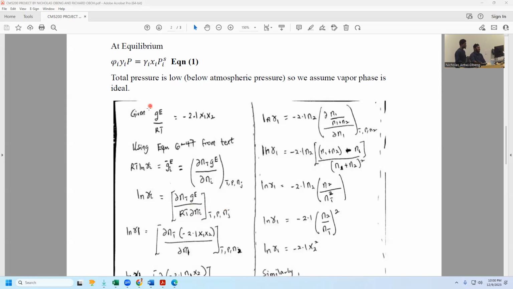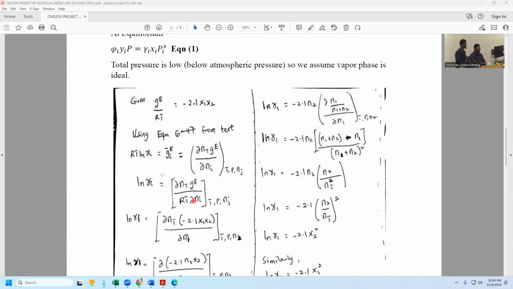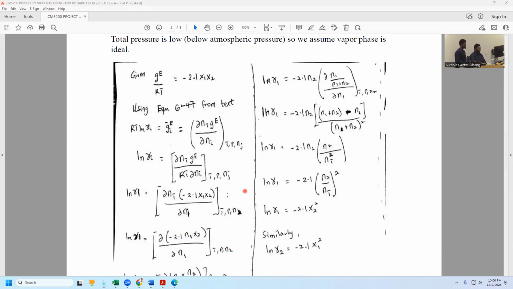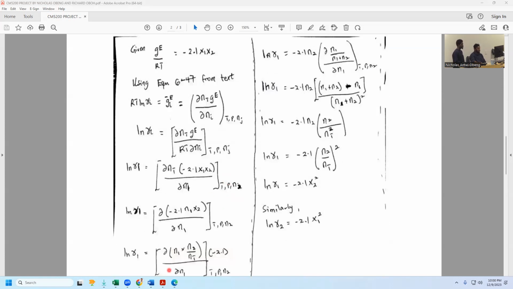Substituting our excess Gibbs energy, which is equal to negative 2.1 x1 x2, into this next equation and performing a rigorous differentiation, we arrive at ln gamma 1 equal to negative 2.1 times x2 squared, and ln gamma 2 equal to negative 2.1 x1 squared, where x1 and x2 are the mole fractions of the individual components.